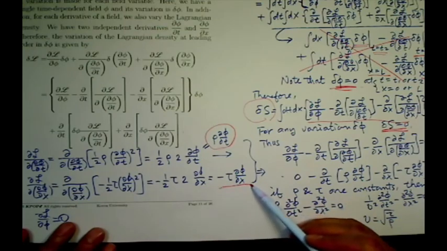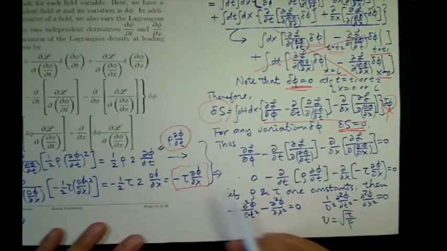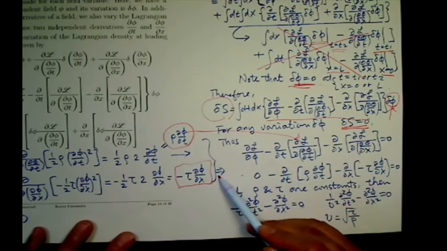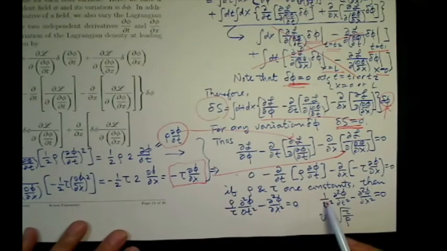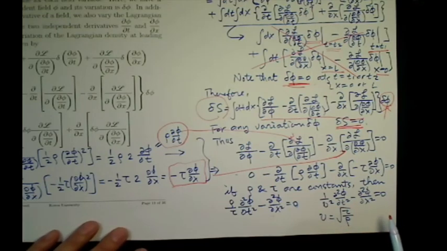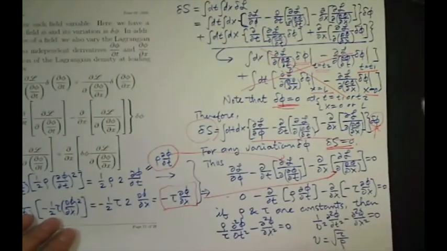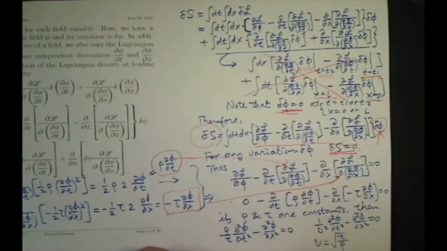The result is minus tau times the spatial derivative of phi. If I substitute this one into here and this one into here, we find the wave equation. Again, the speed of wave propagation is the square root of tau over rho. That is identical to the original expression. So it is completely true. We find that this least action principle also works.